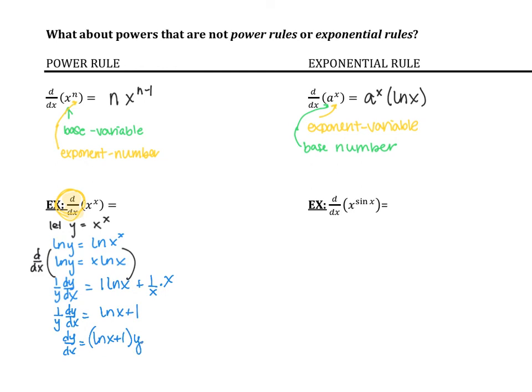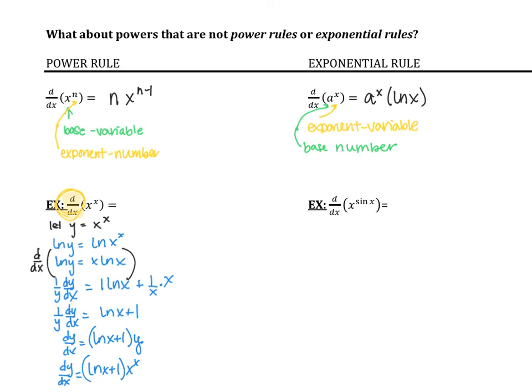Now we can substitute back in for y, so dy dx equals the natural log of x plus 1 times x to the x power. It's a little bit weird, but we're taking the derivative of y with respect to x. Try it on the next example, which looks very similar, and see how you do.